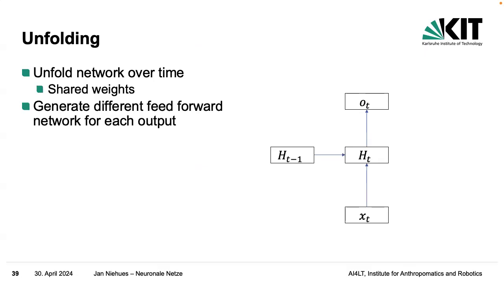What you can now do is similar to what we have done with the CNN. We can unroll it in order to get a normal feed-forward neural network. Of course, the architecture now looks a bit different, and we again have to share the weights for the same operation.